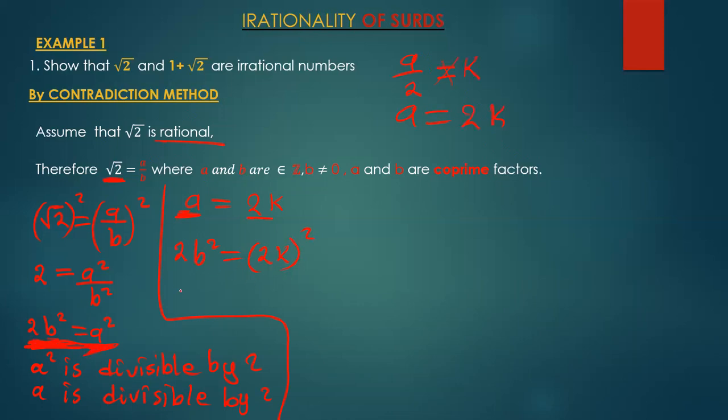So I'm going to have 2b squared is equal to, when I square this, 4k squared. When I divide everything by 4, if I divide 2b squared over 4, then on the other side I'm dividing 4k squared by 4. This and that will cancel. So I'm going to get something like this.